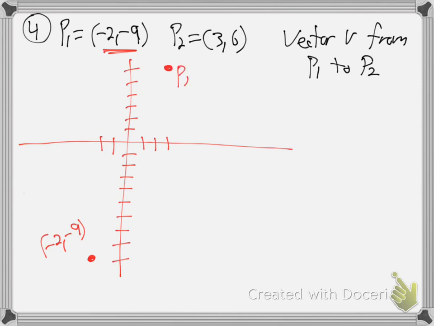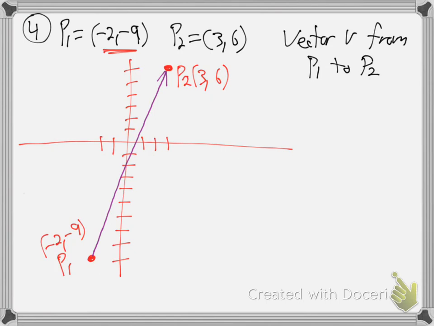So there's point 2, which is (3, 6), and here's point 1, (-2, 9). So we're talking about the vector that goes from P1 to P2. So I'll make an arrow like that.